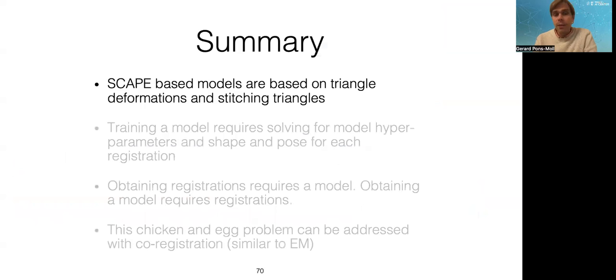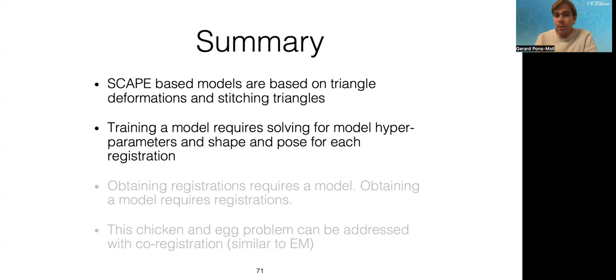Okay, so in summary, we've seen that there are other models than the vertex-based models, like SCAPE-based models, which are based on triangle deformations, and they require the stitching step that puts triangles together. We've seen that training a model requires solving for hyperparameters and the shape and pose for each registration.